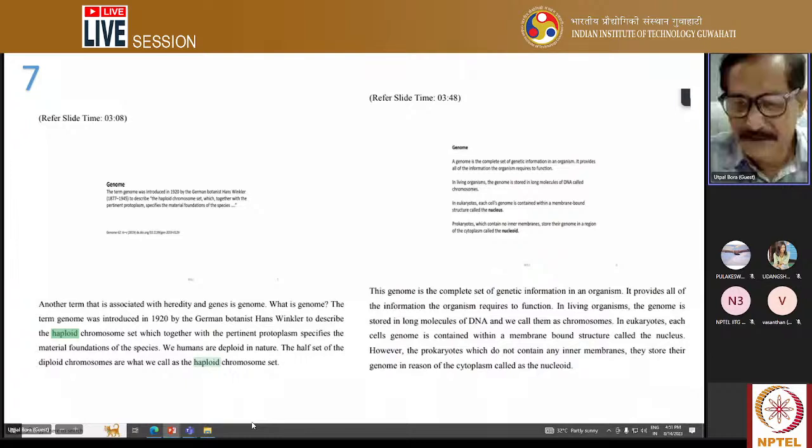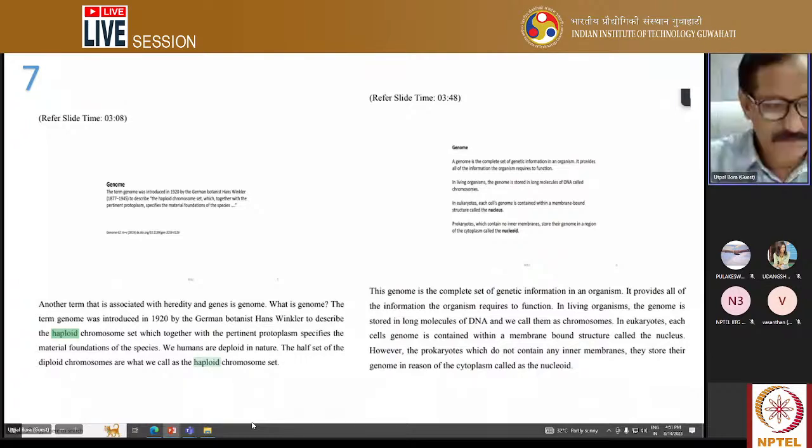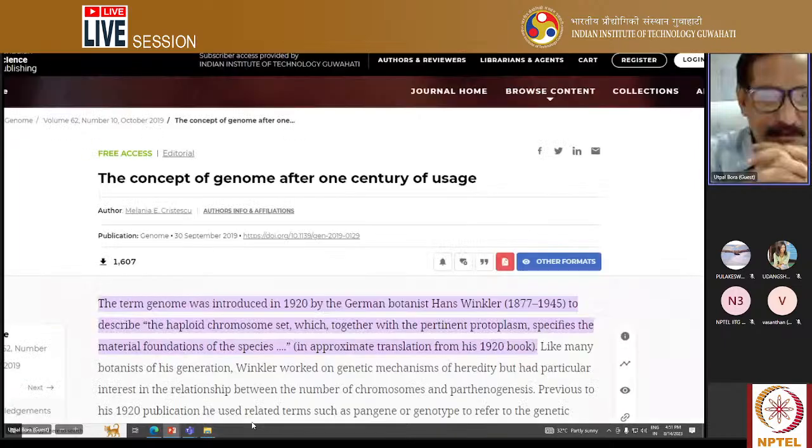Now, referring back to the introduction of the term genome by German botanist Hans Winkler, you can refer to this literature in the journal Genome, volume 62, number 10: The concept of genome after 1 century of usage. Here you will come to know that Hans Winkler introduced the term genome.